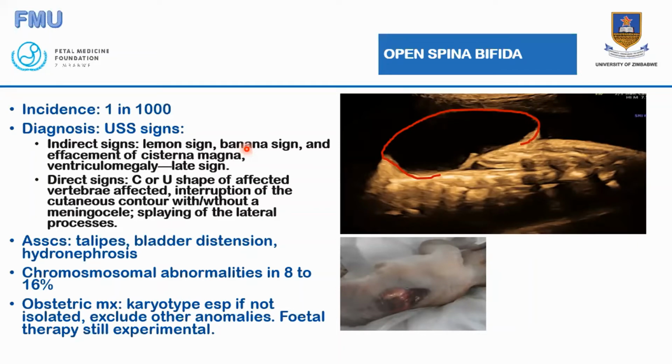So remember that, because babies are referred to us with a diagnosis of ventriculomegaly, but without the mention of a myelomeningocele, because the person just checked the brain and didn't bother to examine the scan properly. Yet there is a myelomeningocele. The counseling is different. In most cases, they have mild ventriculomegaly.